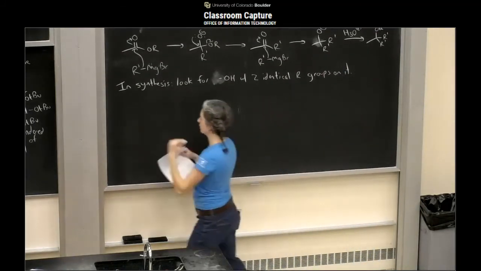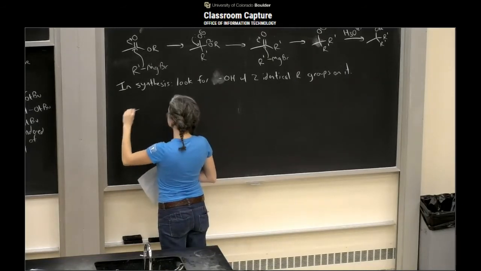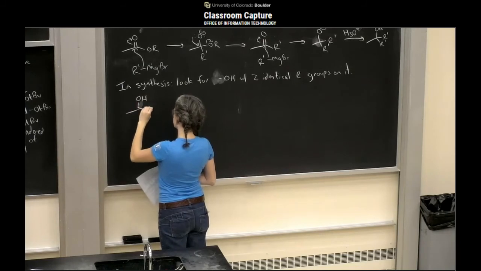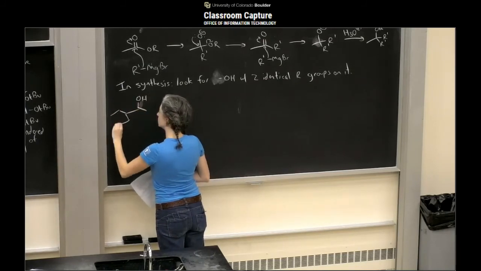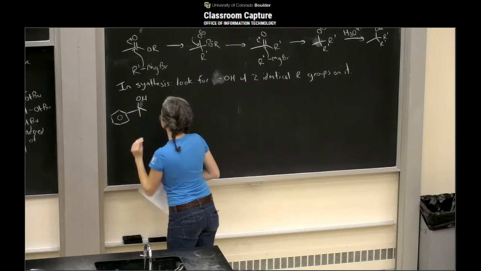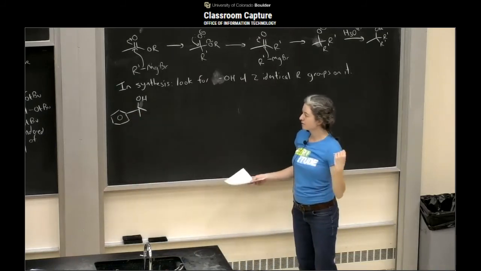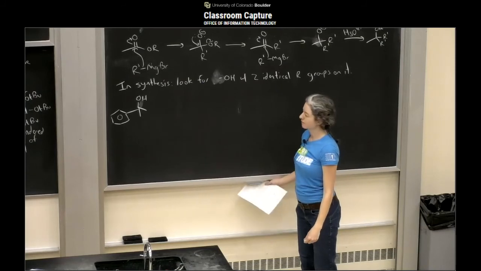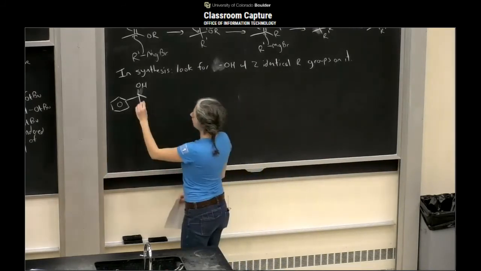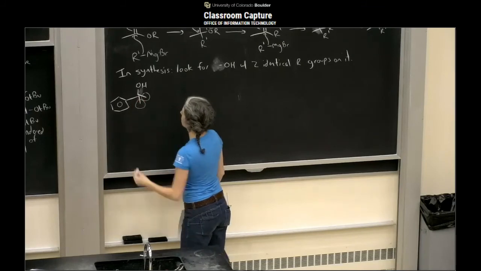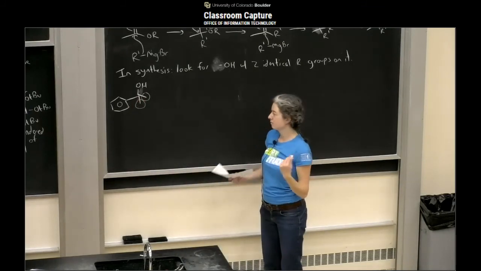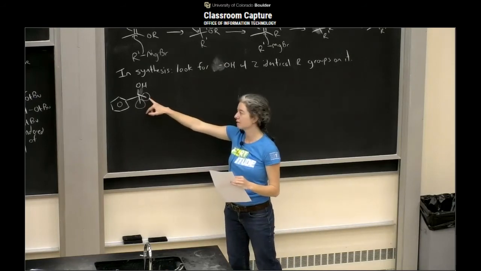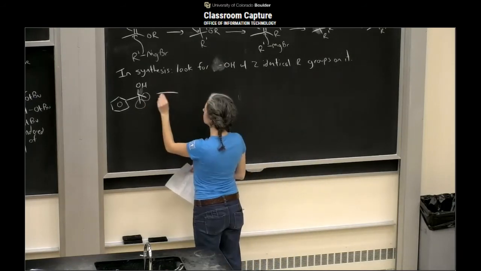So for example, if I ask you to make this from something with 7 carbons or fewer, you've got 2 identical R groups here. So maybe you can do it in the fewest possible steps if you bring both of them in as Grignards, attacking an ester here.